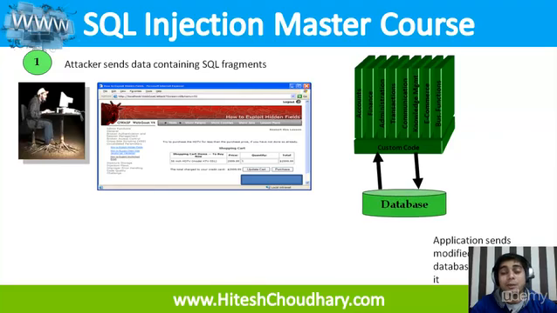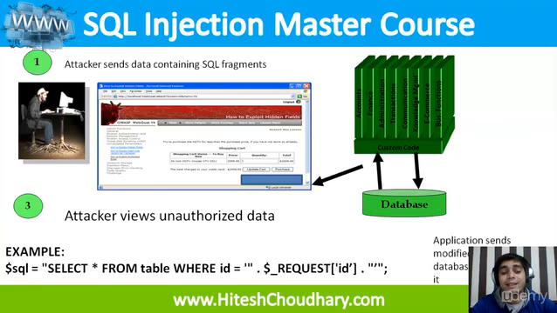This custom code is tricked, and eventually the attacker sends a modified query to the database. The results from the database are returned, such as user IDs, passwords, or maybe table names. Finally, the attacker views the unauthorized data via these kinds of queries, like passing SELECT * FROM table name WHERE ID equals something.